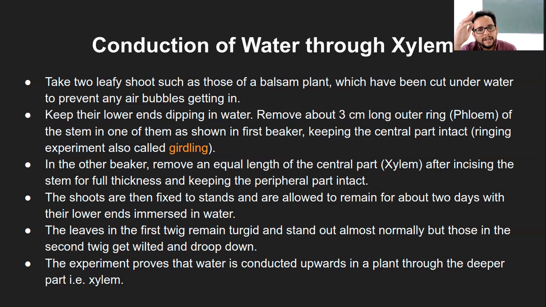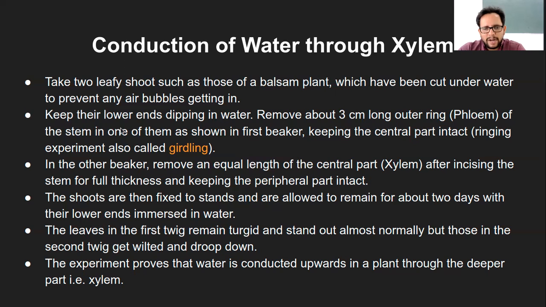Otherwise, if you are cutting in water, then the regular water that is present in the beaker, wherever you are cutting that branch, it will keep getting inside. So that way there will be no air bubbles being trapped in the xylem tissue. And otherwise, if they are trapped, then the water movement may not happen smoothly. So that way, this has to be cut under water.